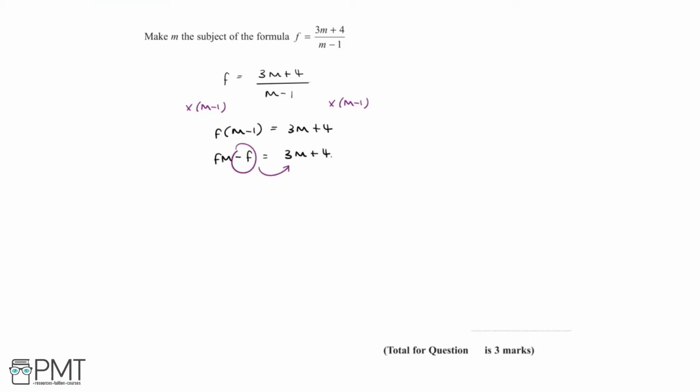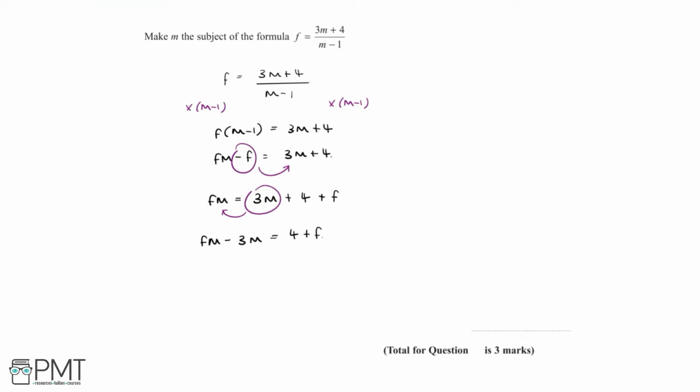And then we're going to move the minus f over to the other side, which will leave us with fm equals 3m plus 4 plus f. Now since we want to make m the subject, we want to isolate the m's on one side, and so 3m can be moved to the other side, which leaves us with fm minus 3m is equal to 4 plus f.